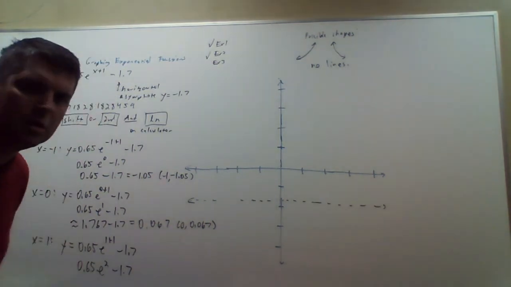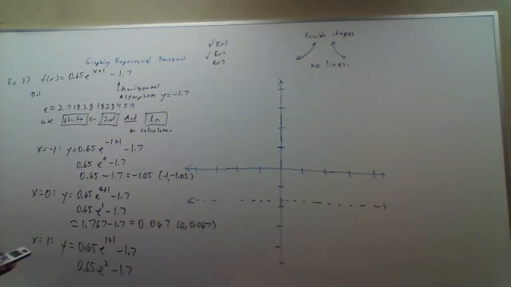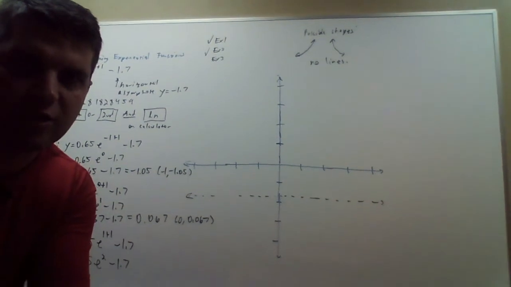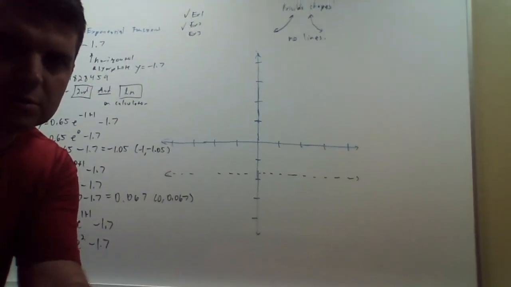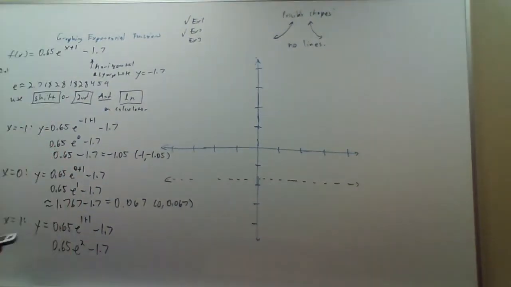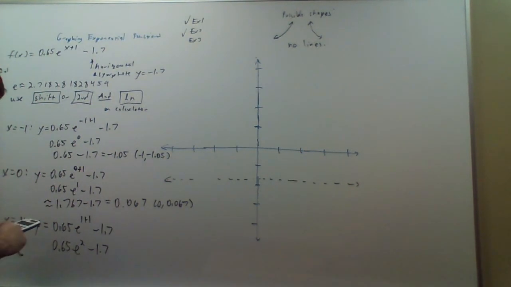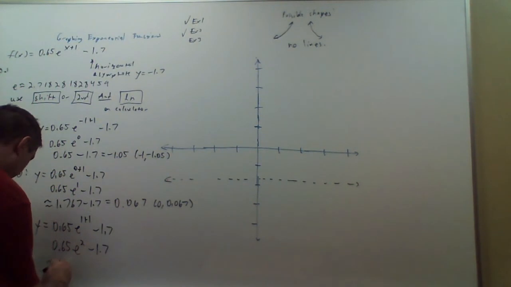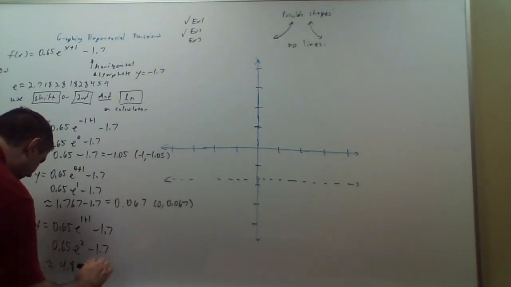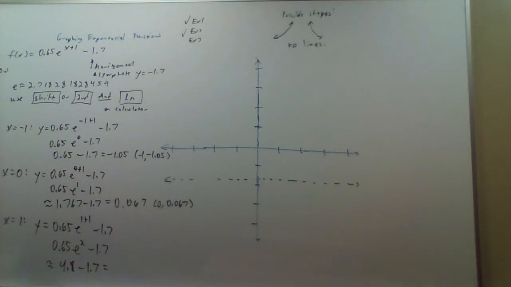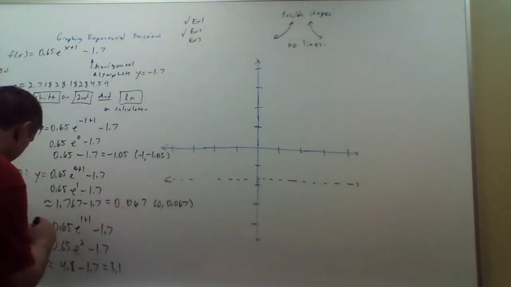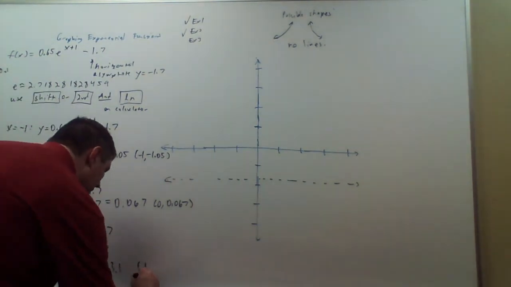We take e to the second, so shift ln, and then square it, then take it times 0.65. I got approximately 4.8 minus 1.7, 3.1. So 1, 3.1.